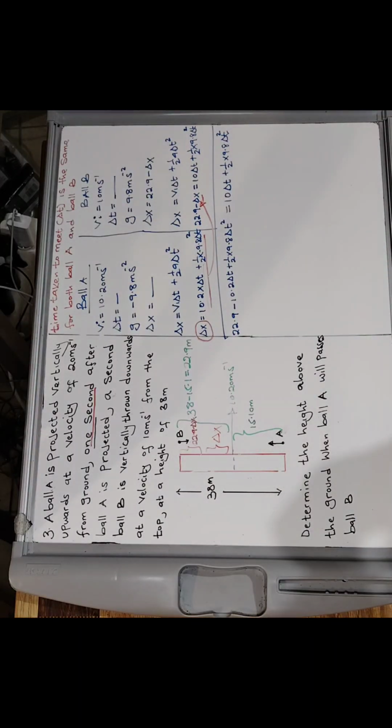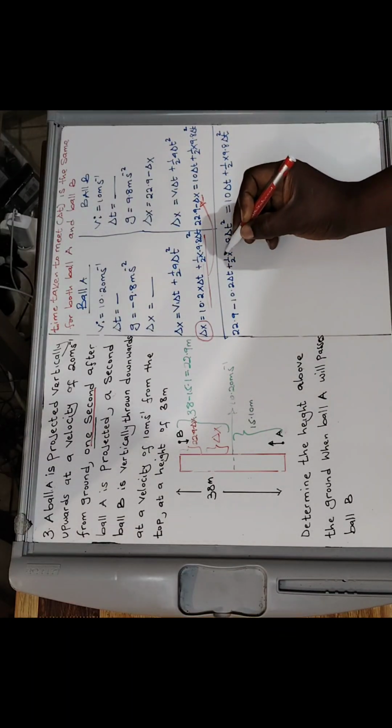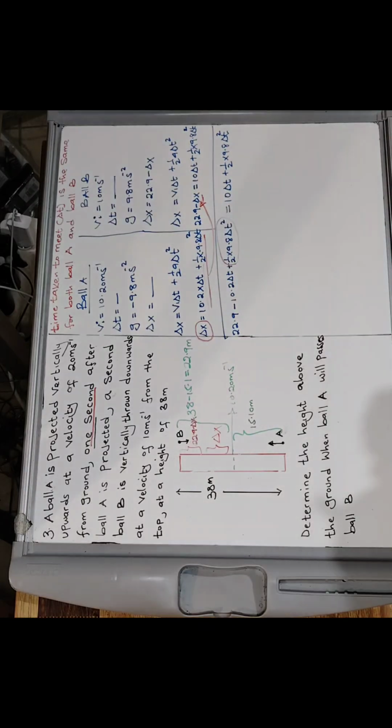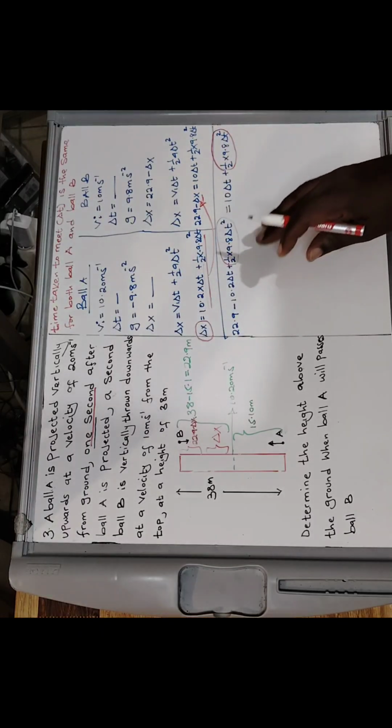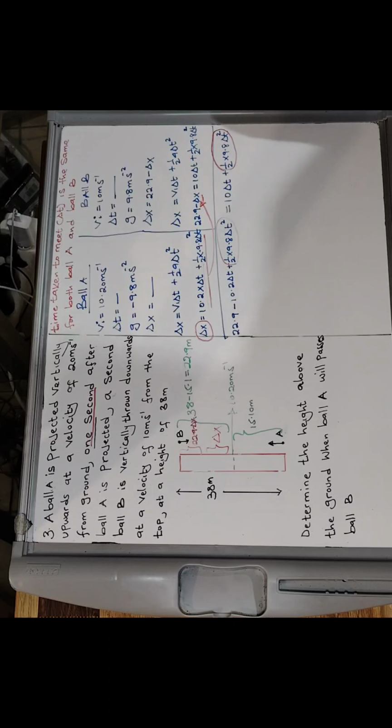Okay, when you reach this level, this is what you have to take note of. This one can be taken this side. So when it goes that side, it becomes a minus, and they are the same, so they cancel out.